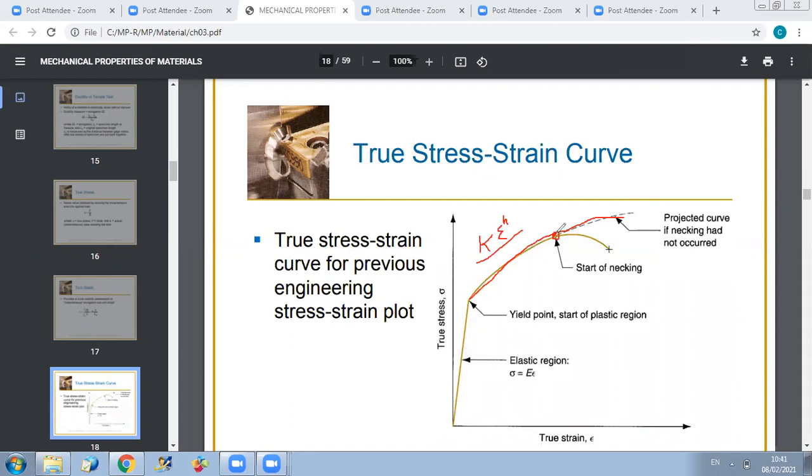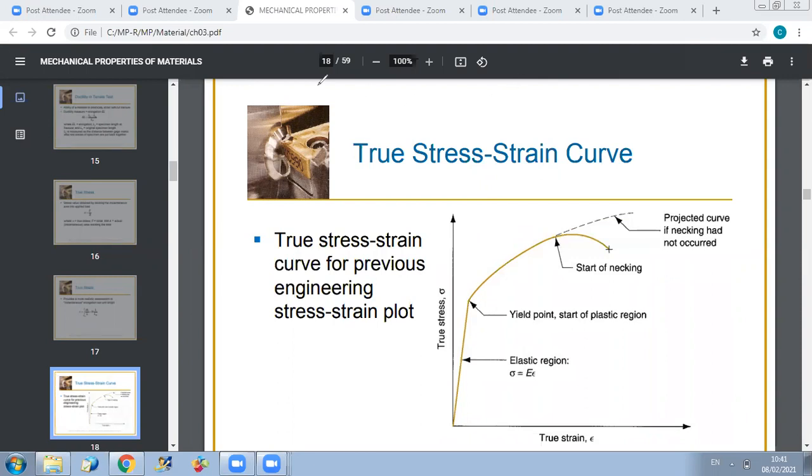So the separation point is called the start of necking, and it will correspond to the ultimate stress. Okay, so here you can see that the start of necking can be identified from the separation of the two curves, and in this way I can determine the start of necking from true stress, which was not clear in the engineering curve.